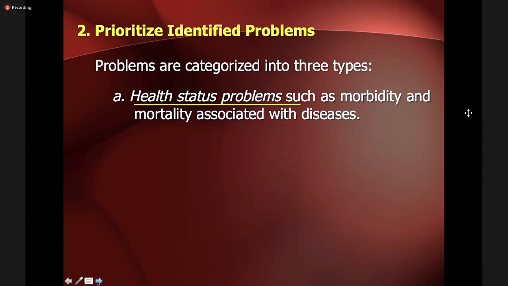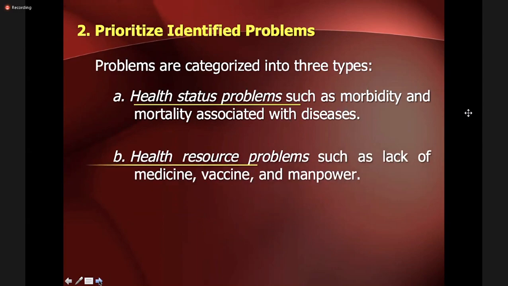Those are the health status problems, anything that has something to do with morbidity and mortality. Health resource problems naman are such as lack of medicine, lack of vaccine, lack of manpower. Basically the human resource for health is a problem here, not only in the city but in the whole Philippines.